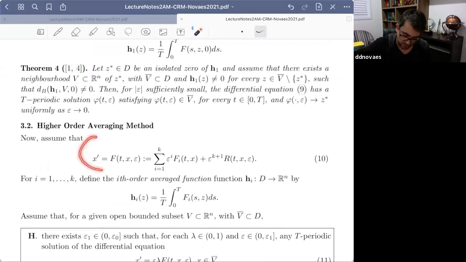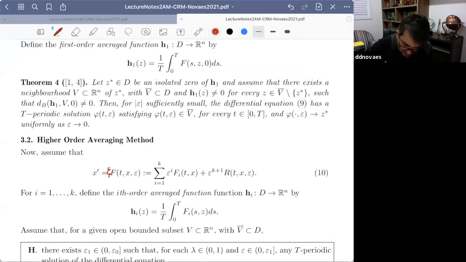So consider this standard form. Here there is a problem because it must have an epsilon multiplying everything. Okay.